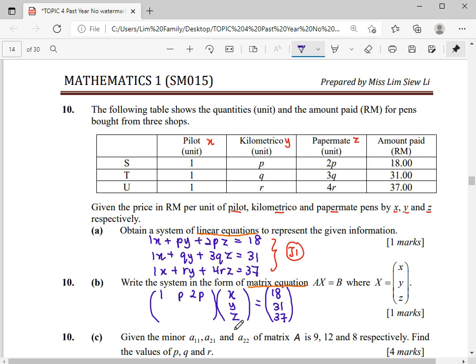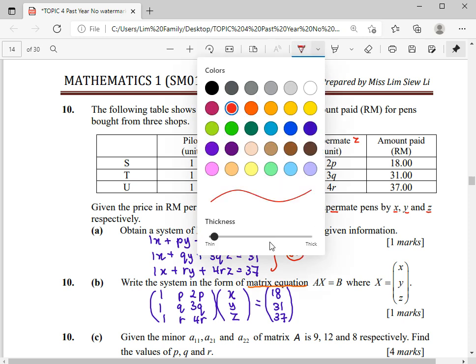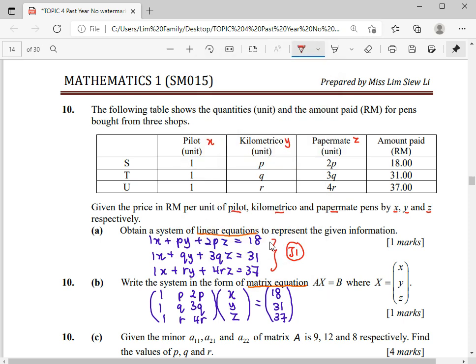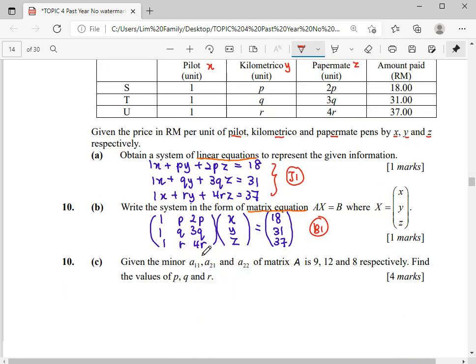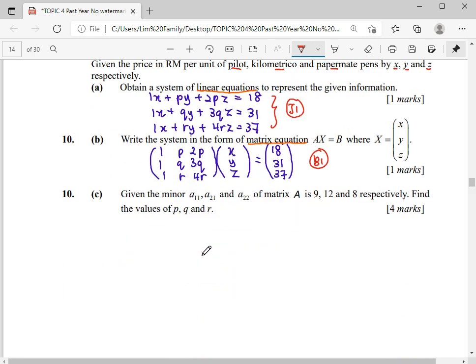So row times column: 1 times X, P times Y, 2P times Z, and go back to the equation like that. Only 1 mark to write the matrix form. This is the basic way we write it, and then we go for the next part.